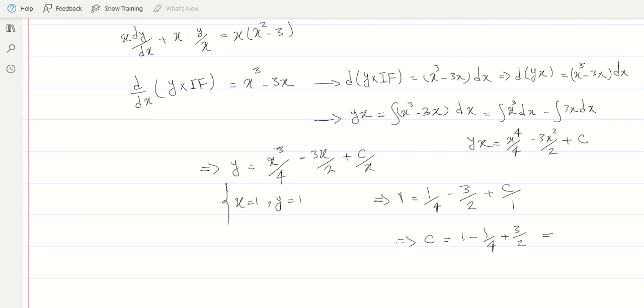This one is also 6 over 4, so it is 9 over 4. So at the last stage, I'm just going to write the final equation. It is y equals x cubed divided by 4 minus 3x over 2 plus 9 over 4x.